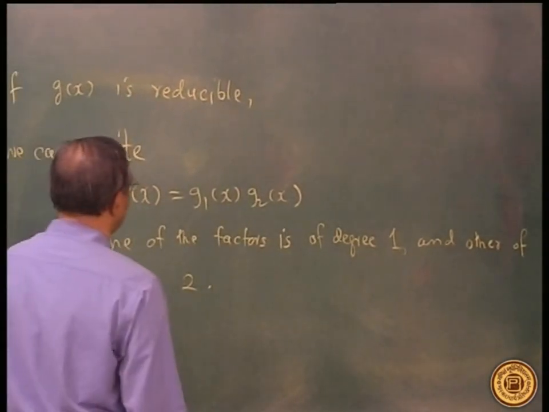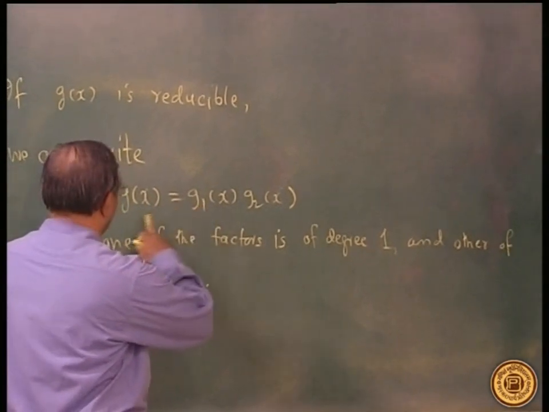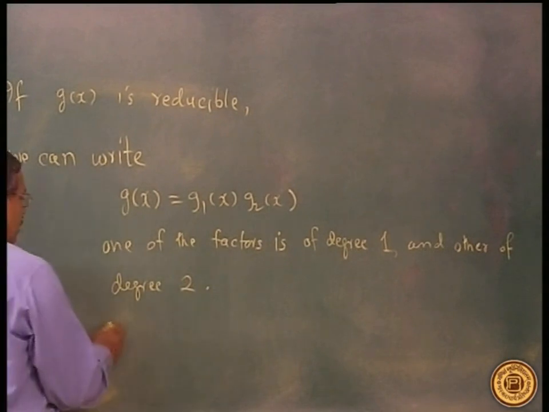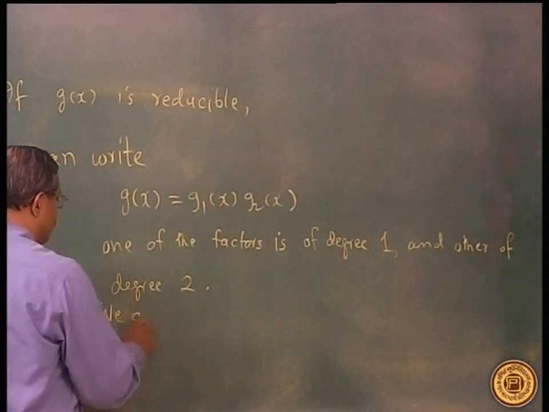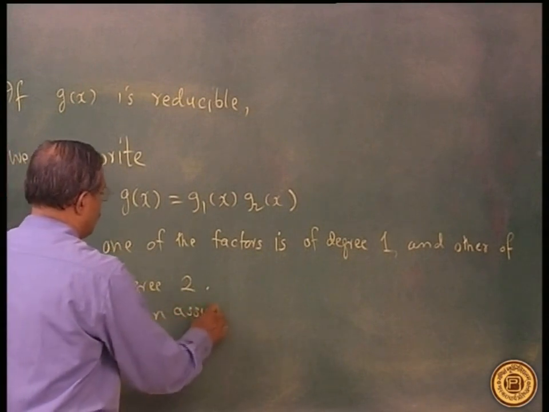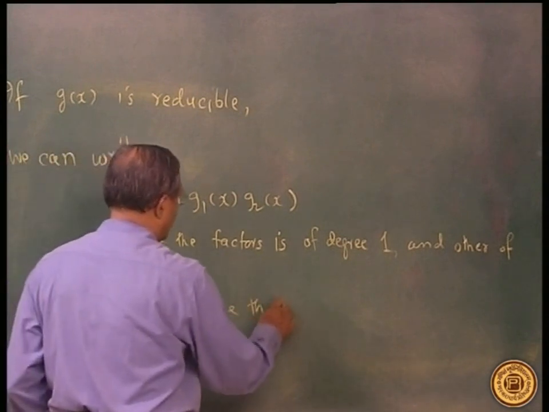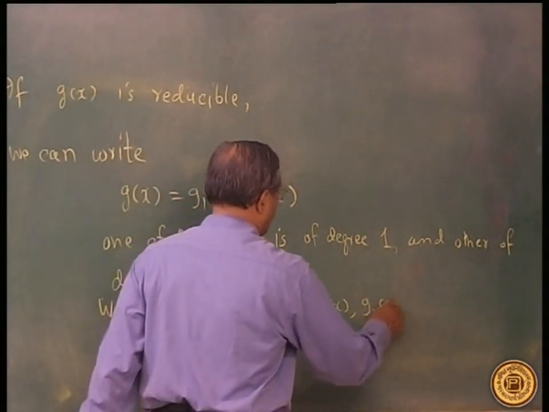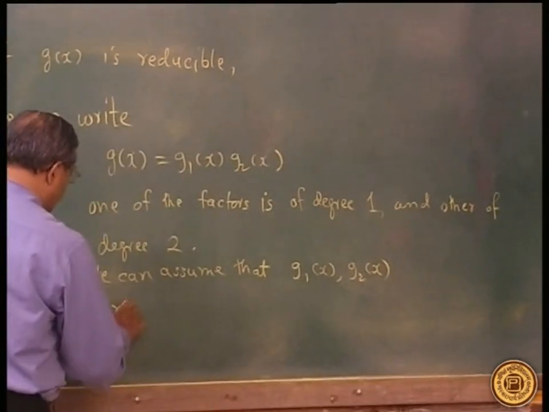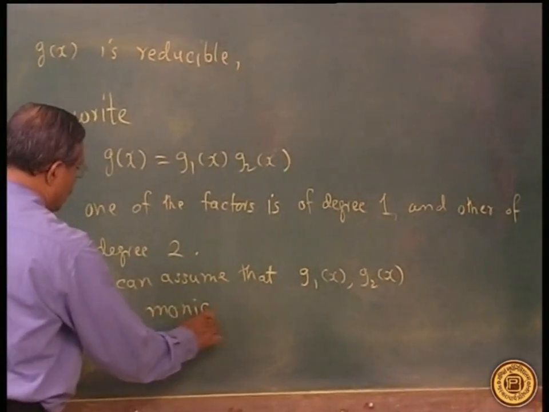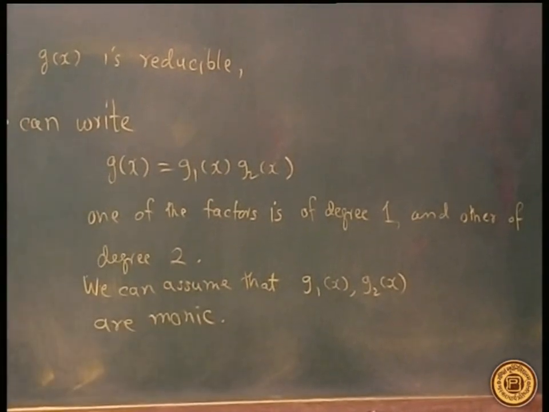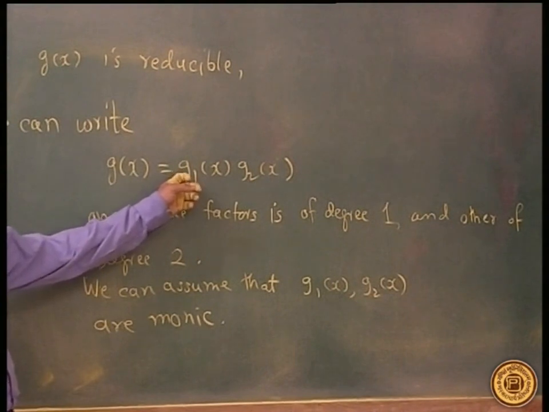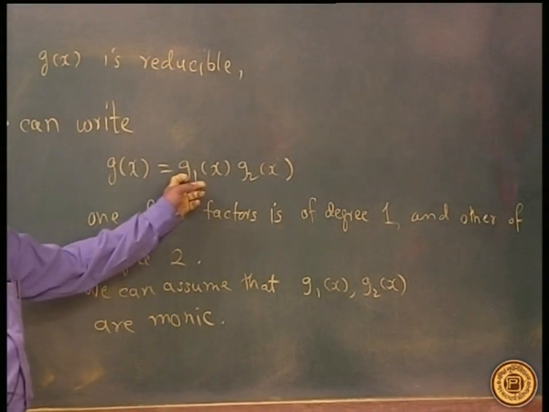Now, we can assume that these polynomials G1x, G2x are monic. Because you can take the coefficient of the highest degree term in G1.